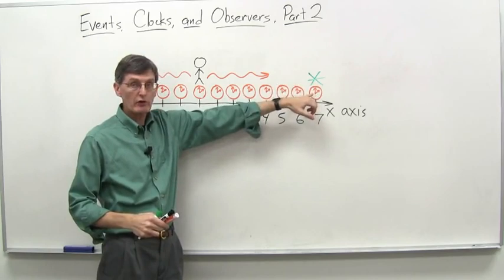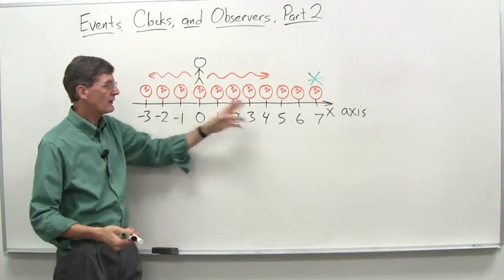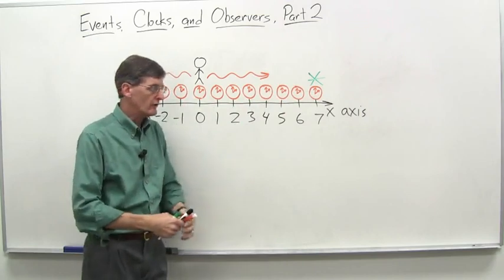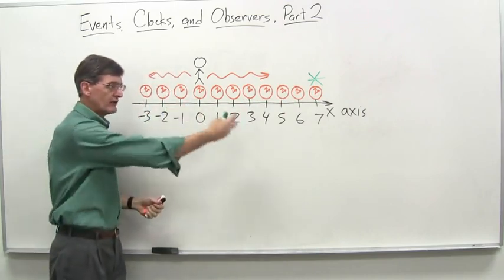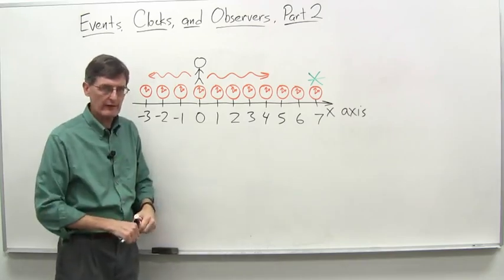The clock will record the time of the flash, and then the observer later on can go out and look at the photograph there and say the flash was recorded at x equals 7 at t equals 3.8 seconds or something like that.